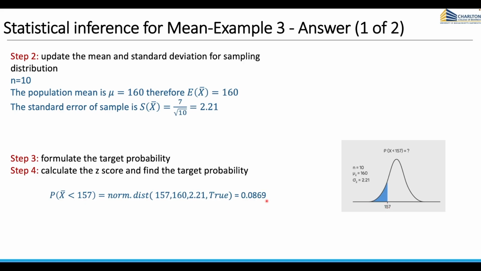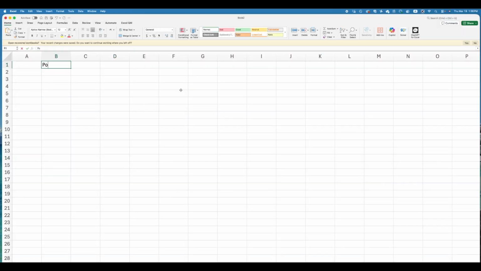Let's look at this example in Excel. So we have a population which is normal, and mu, or the mean of that population, is equal to 160. Sigma is equal to 7. We take a sample.